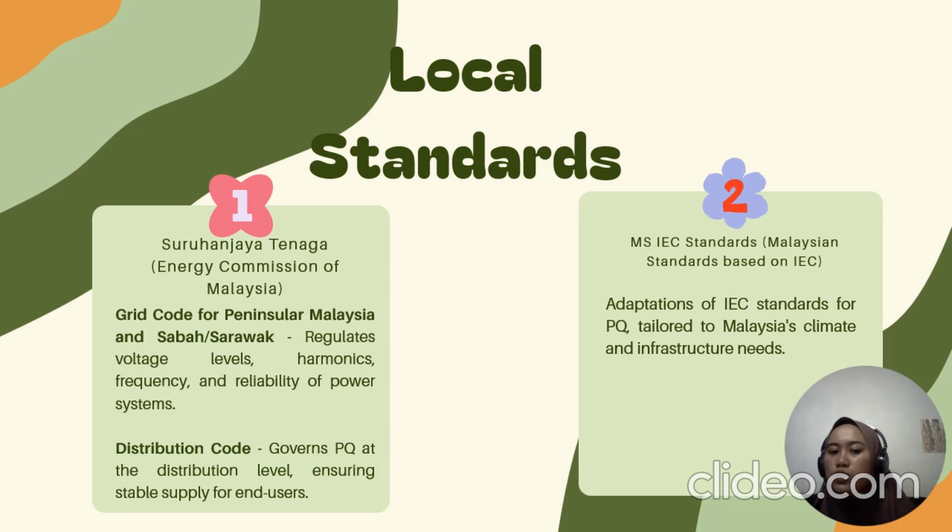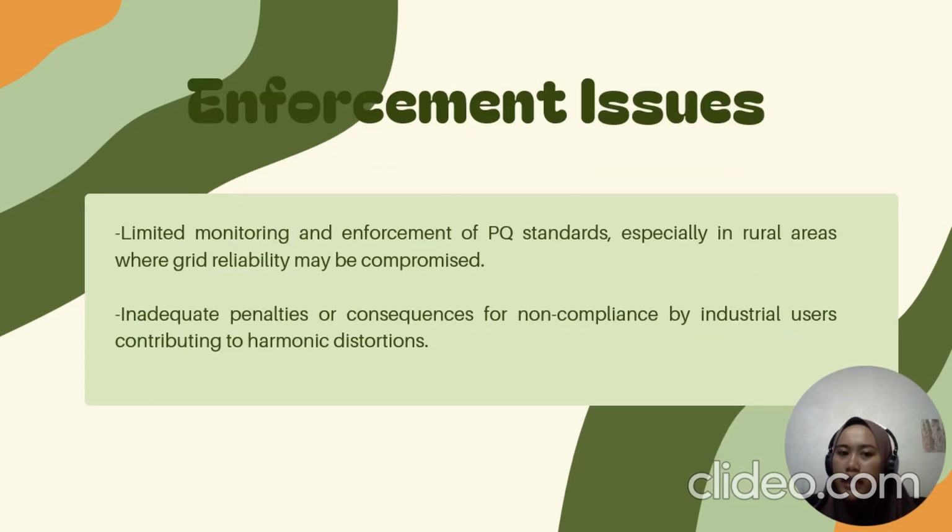Second, the Distribution Code governs PQ at the distribution level, ensuring stable supply for end users. Third, MS IEC standards, national standards based on IEC, adoption of IEC standards for PQ tailored to the nation's climate and infrastructure needs.